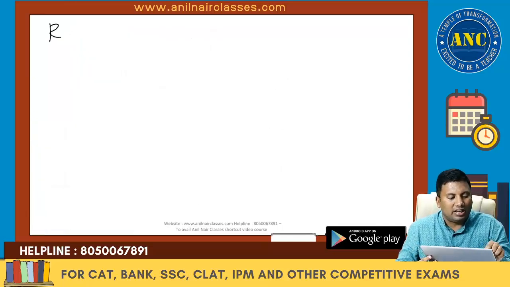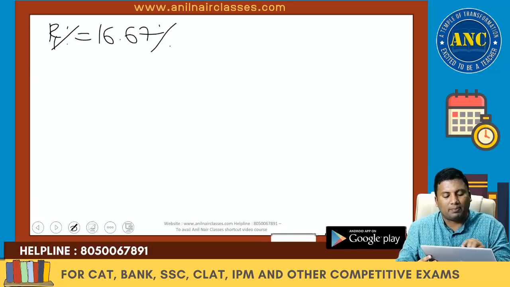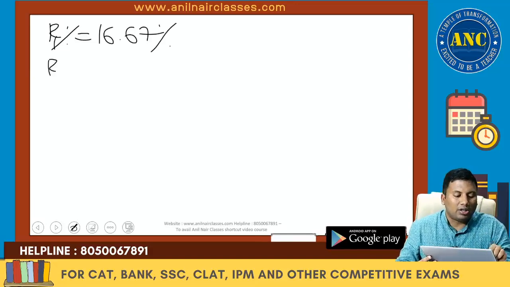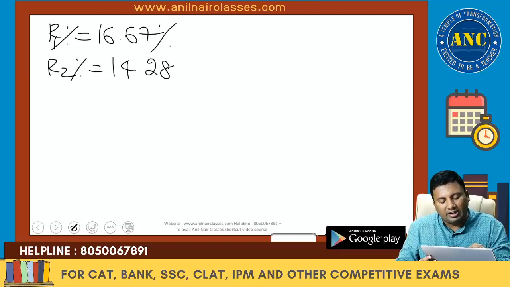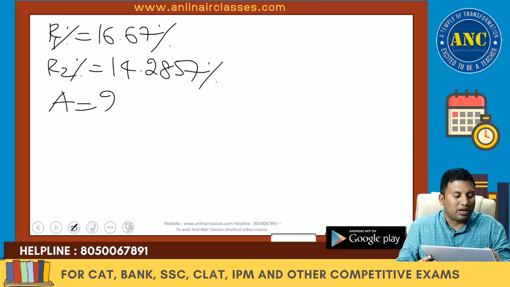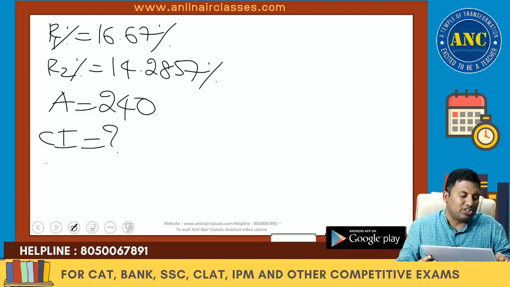R1 percentage is 16.67 percentage. R2 percentage is 14.2857 percentage. Amount is 240. Find CI and find principal.